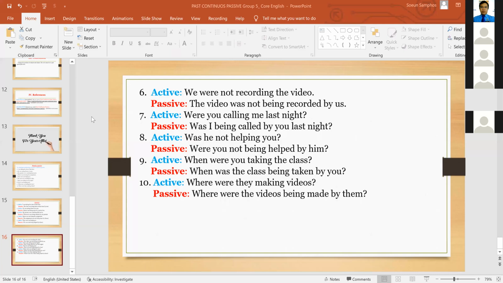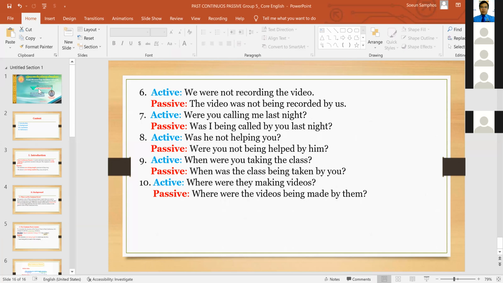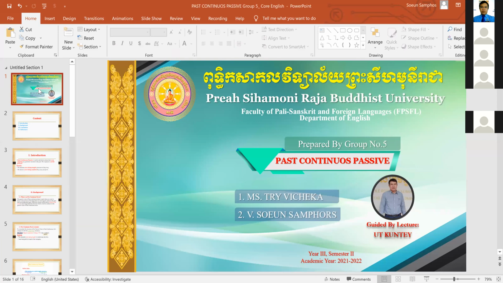Past continuous passive, right? Yes, teacher. Okay, so that's my turn. Could you tell me the form of the past continuous passive?